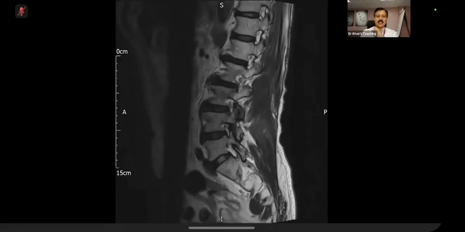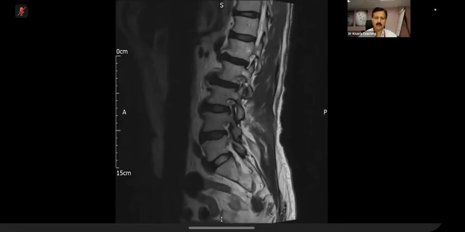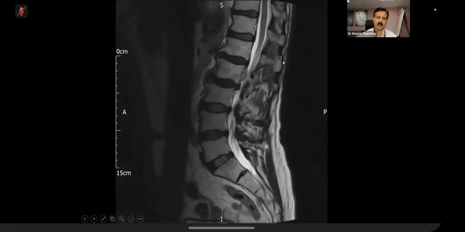Do you see anything? I've got a low signal in the pedicle of L4. Where is that? Here. Okay, I'm going to show you what is happening at this level.